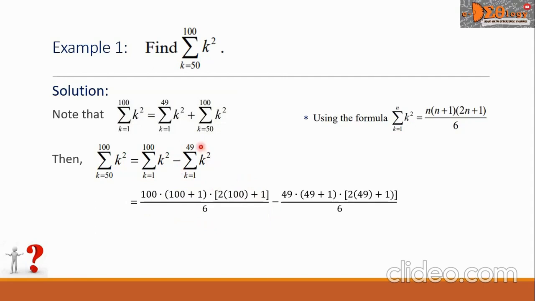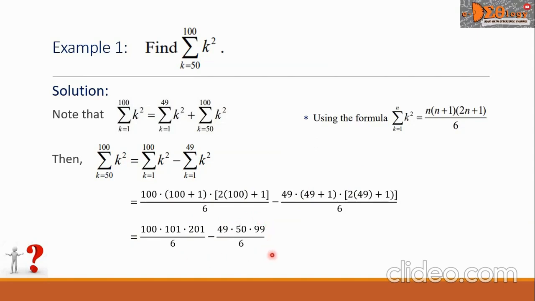Our n here is 49. So we write here 49 times the quantity 49 plus 1 times the quantity 2 times 49 plus 1 all over 6. We simplify the numerators respectively into 100 times 101 times 201, and this is all over 6, minus the second numerator, which will be 49 times 50 times 99 all over 6.